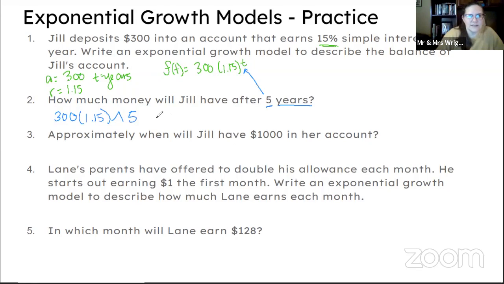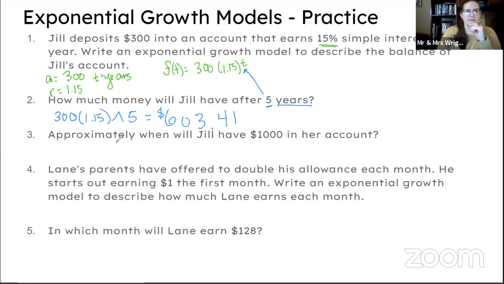And I get 603.407. Since this is money, we're going to round to the nearest cent and say 603.41 after 5 years. Approximately when will Jill have $1,000 in her account?